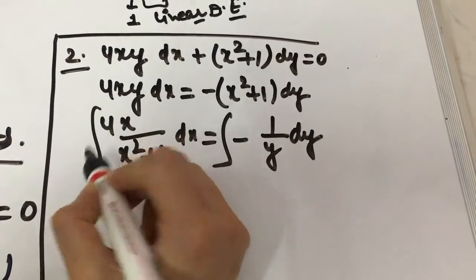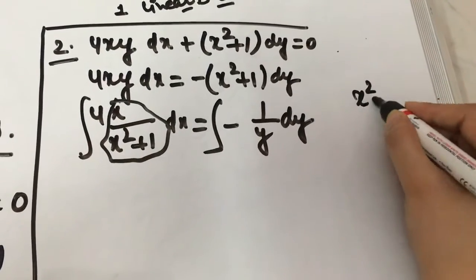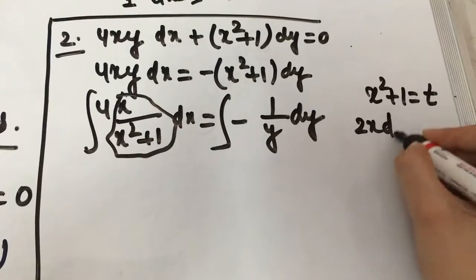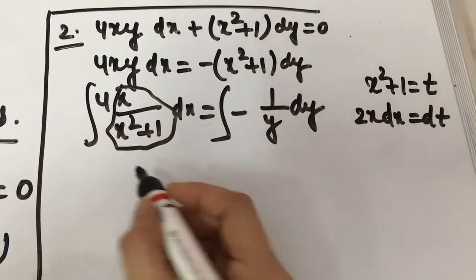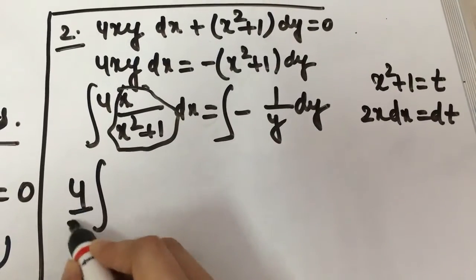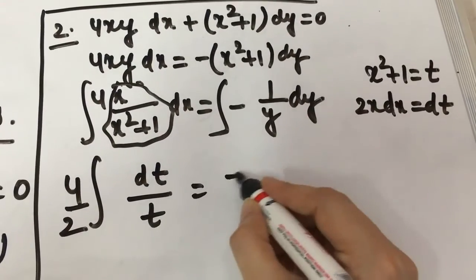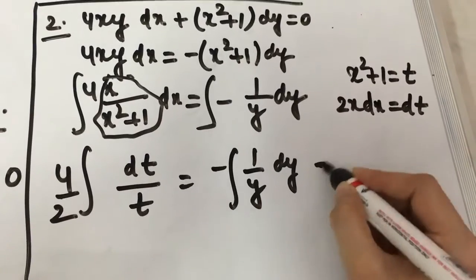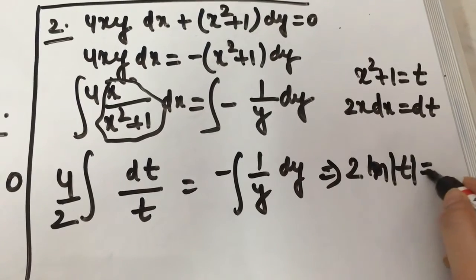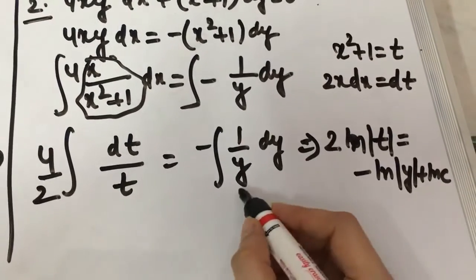To solve this, I will do integration. For this, I need to take x square plus 1 equal to some variable, suppose t. When I differentiate it, it will be 2x dx equal to dt. So the value of x dx will be 1 by 2 dt, and the integral becomes 2 ln mod t equal to negative of ln mod y plus ln c.